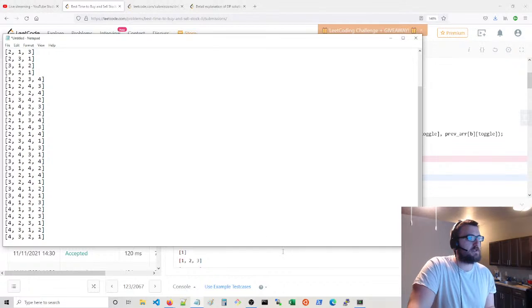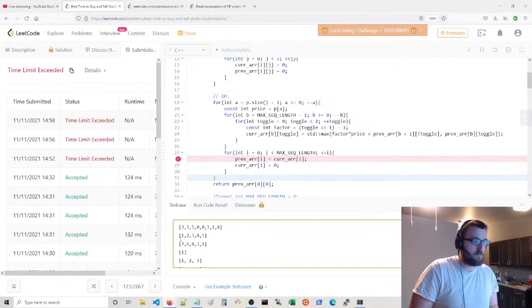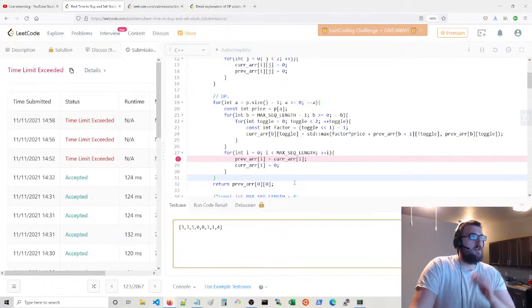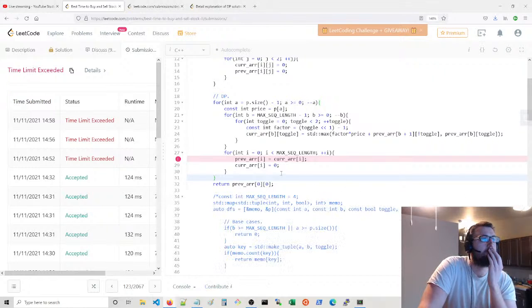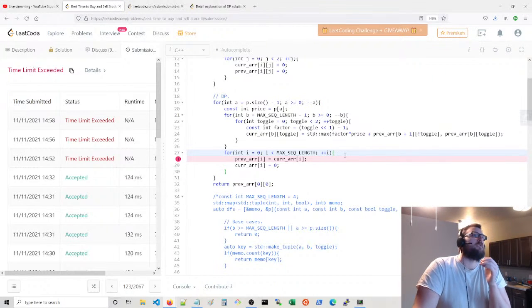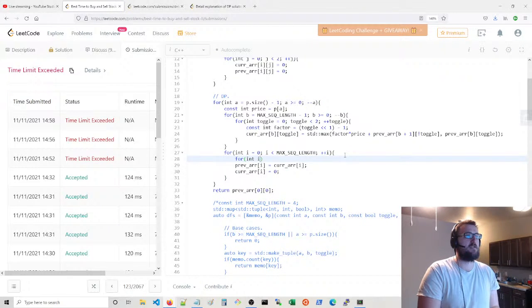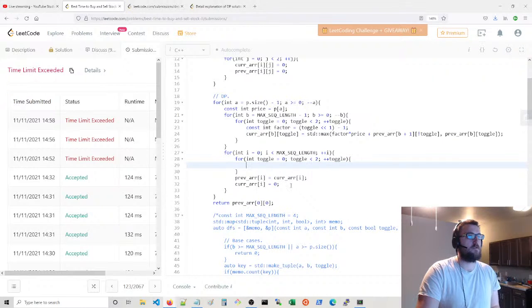By the way, we don't need all of these test cases out the gate. Okay. Oh, and we have one more loop here we need.